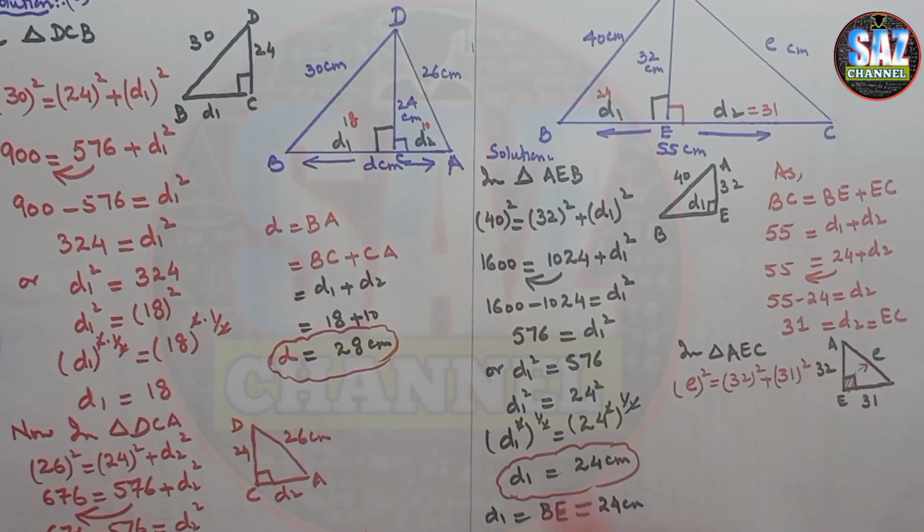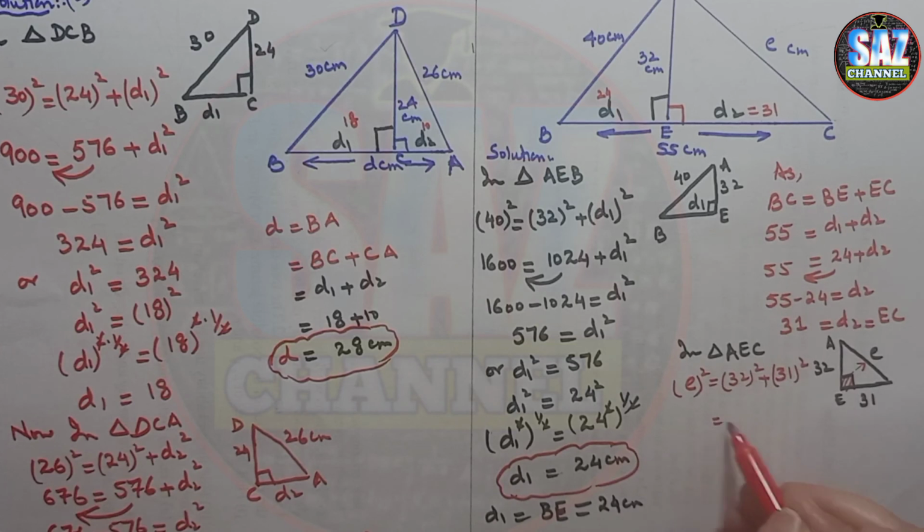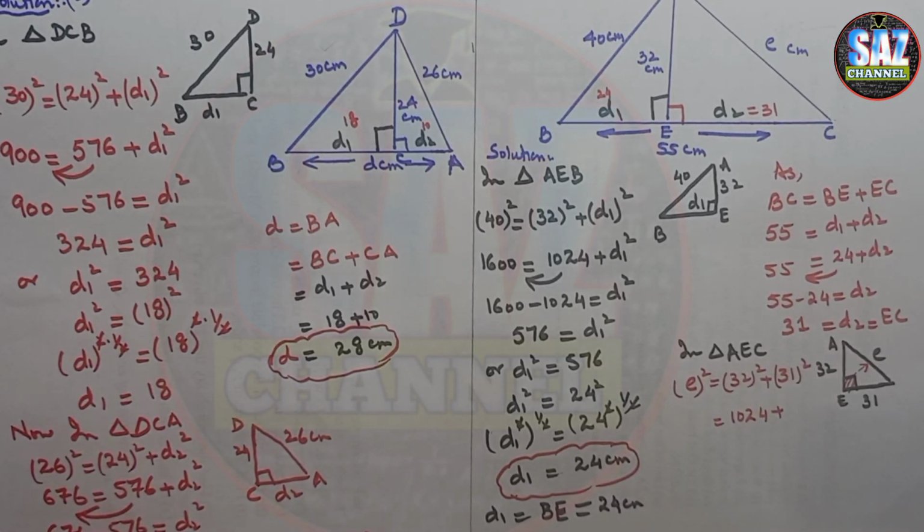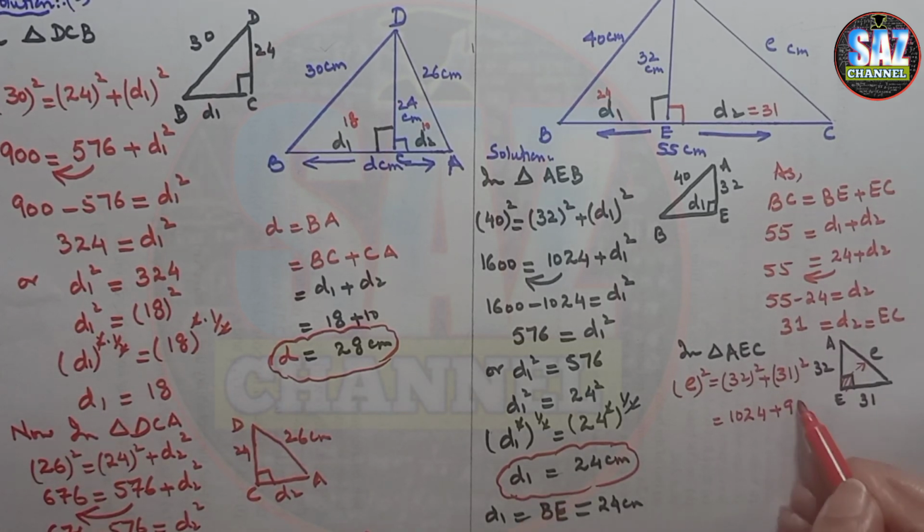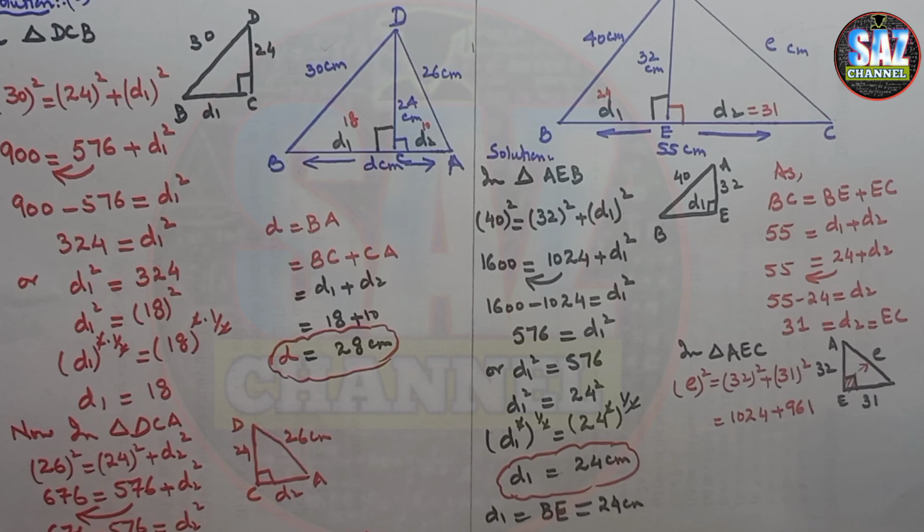Now 32 square equals 1024, but I have to confirm it. 1024 plus 31 square. 31 square is 961. 1024 plus 961.